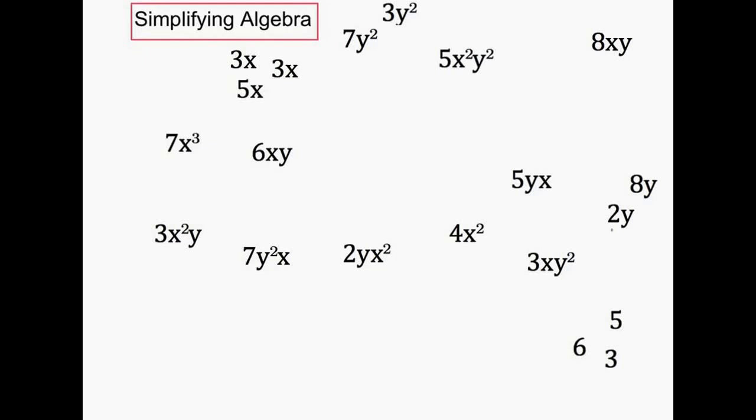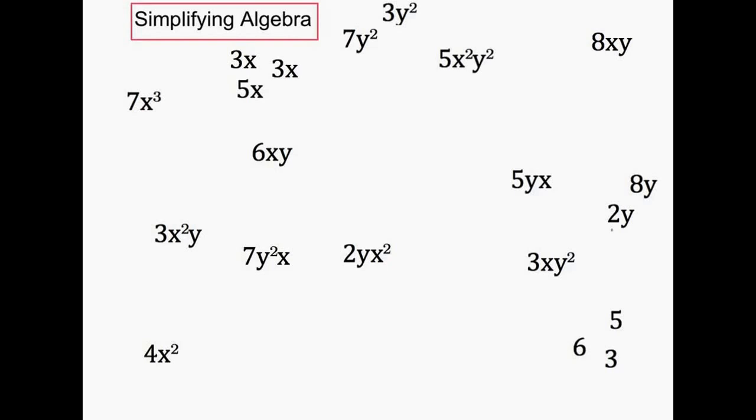When I look, here I see a 4x squared, but I don't see anything else that just has an x squared. So there isn't anything that would go with that on this page. Also, I see 7x cubed. That's 7 times x times x times x. And I don't see anything else that is just x cubed. So that's something else that's on its own from the items on this page.